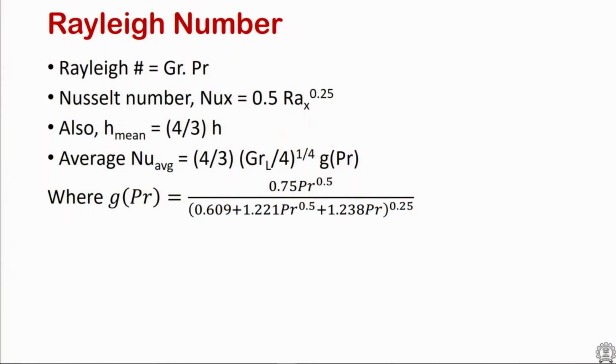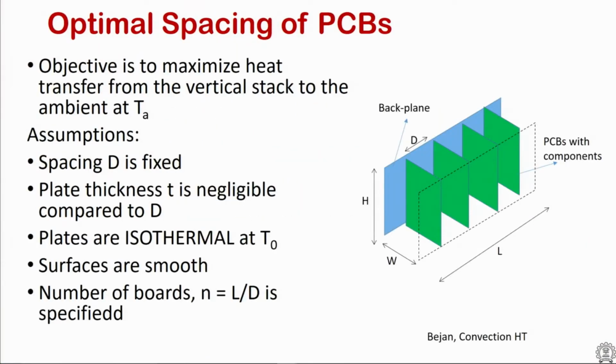Moving on, we just looked at a quick review of the basics of natural convection from a flat vertical plate. Now if we stack n number of those plates, supposed to mimic a PCB, then as the simplest approximation we will assume the spacing between the plates to be d, the entire length of the PCB module to be L, the width W, and the plates to be isothermal.